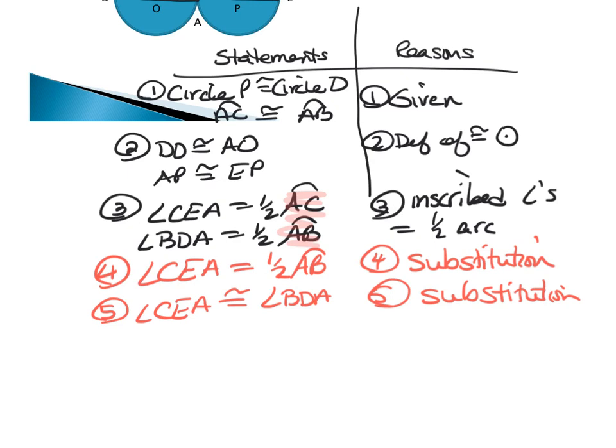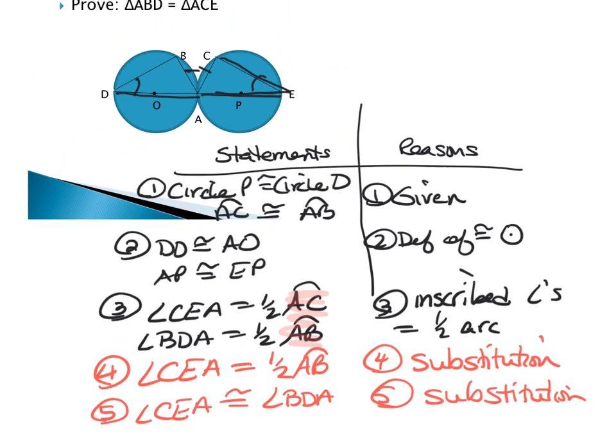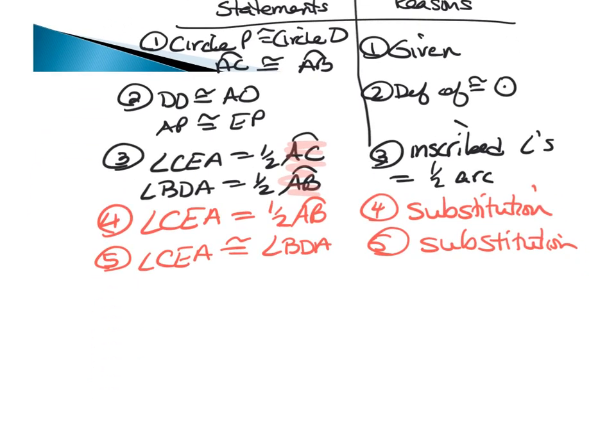Next thing I'm going to do is try to get another piece congruent. Notice I've got triangles inscribed in a semicircle. So my next statement is going to be angle B equals 90 and angle C equals 90.